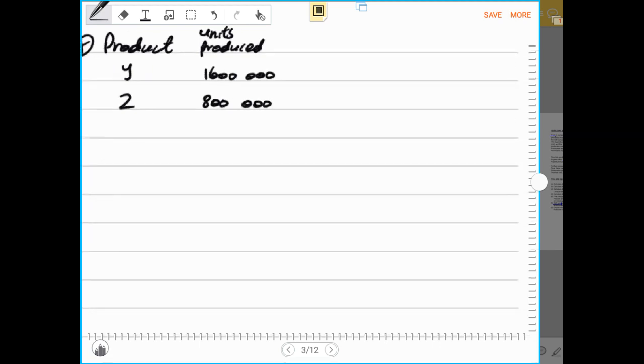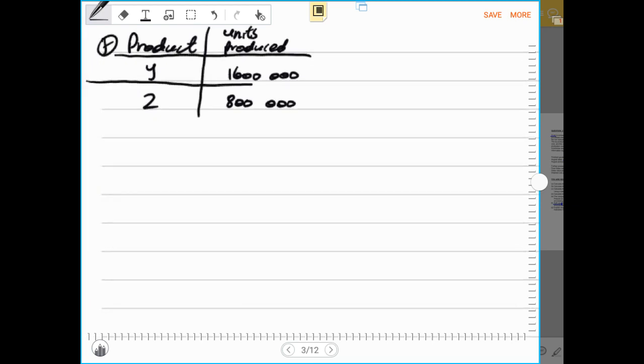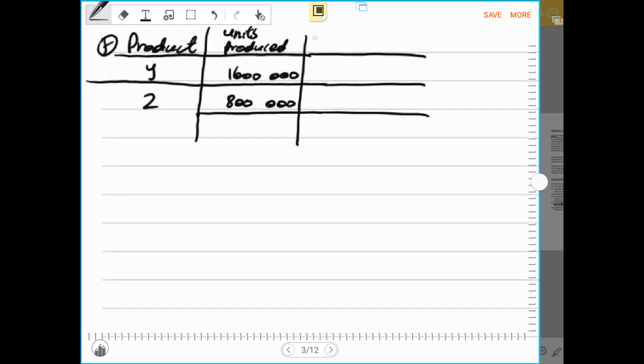Now we can use these units to allocate our joint cost. Remember, physical units method means you use the number of units that were manufactured to allocate your joint cost. That's what it simply means. Therefore now we'll just allocate our joint cost using the physical units.